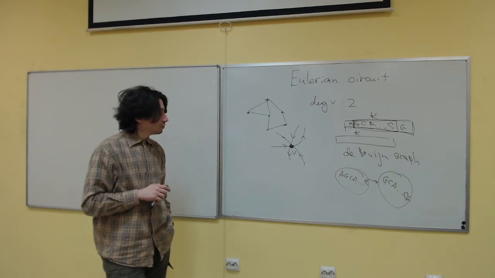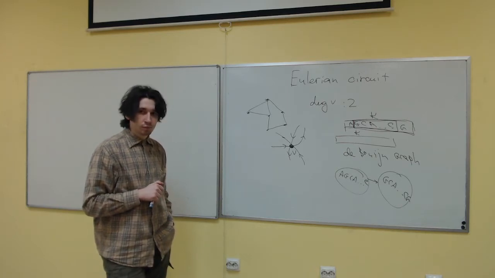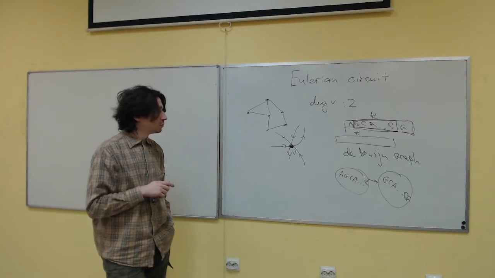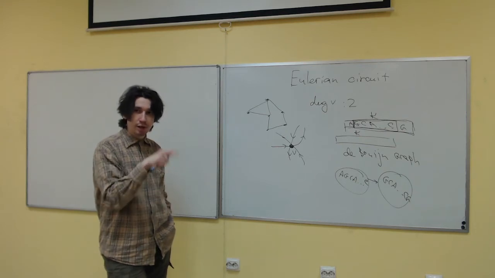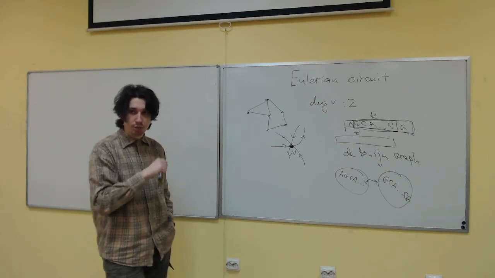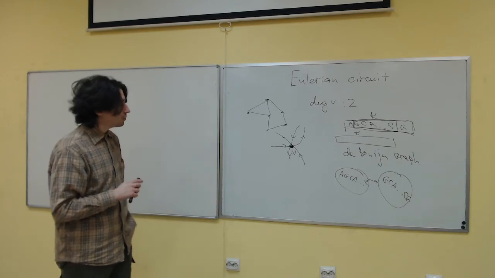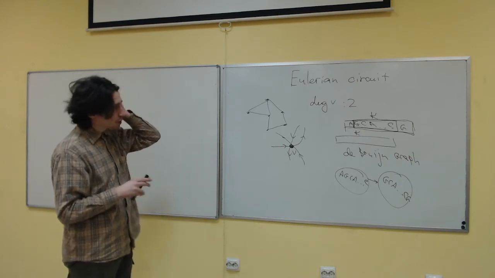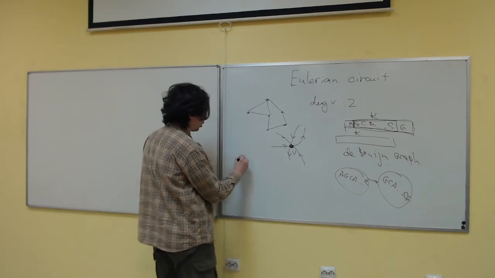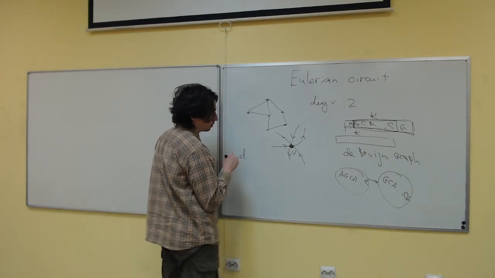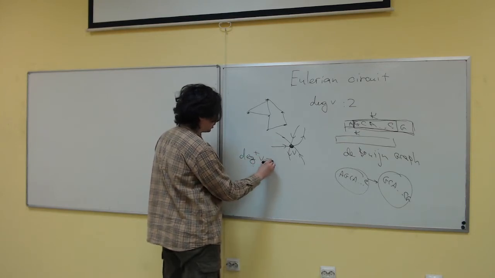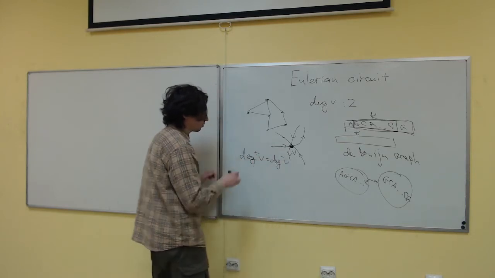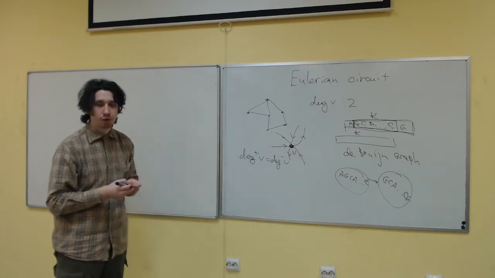I guess we could have one vertex, or two vertices, which would not have a degree divisible by 2. Yeah, exactly two vertices: the start of the path and the end of the path. Everything else should be divisible by 2. Also, in a directed graph, the condition for each vertex is that the incoming degree is equal to the outgoing degree.